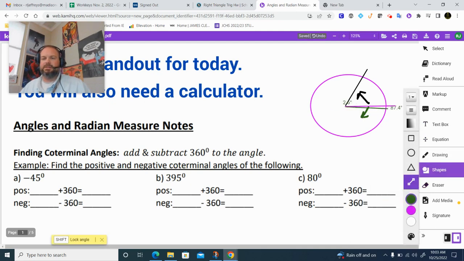So I'd start here and go all the way around. So we have coterminal angles, ending at the same spot.